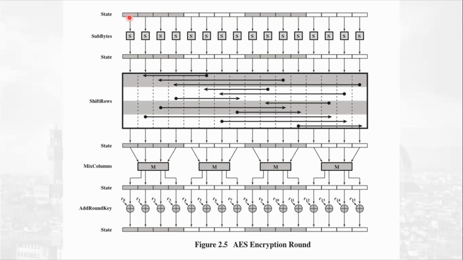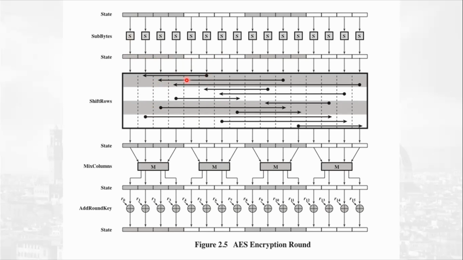In the substitute byte, what you do is you take a byte from that matrix and you choose the particular entry in the S box with the column and row, and you choose the entry from the S box and you prepare the new matrix. Okay, so that becomes the input for the second step.